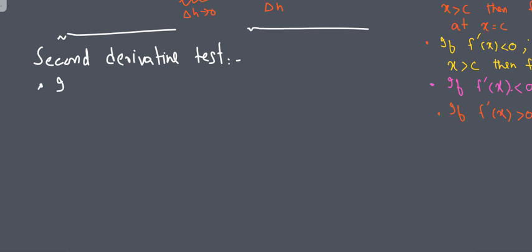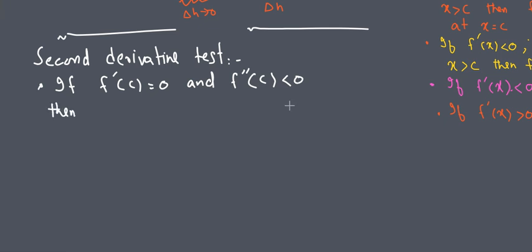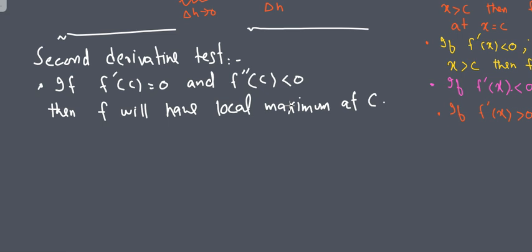Number one, if we are getting our turning point C, if f prime of C is 0, and if we calculate the second derivative at the point C and it is less than 0, then f will have a local maximum at the point C, right?